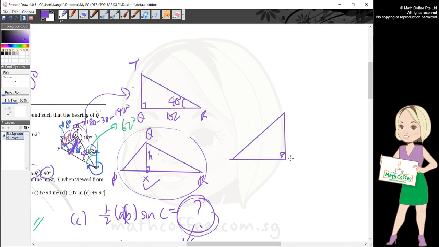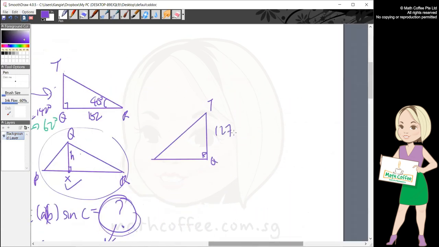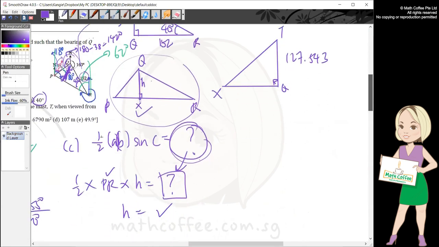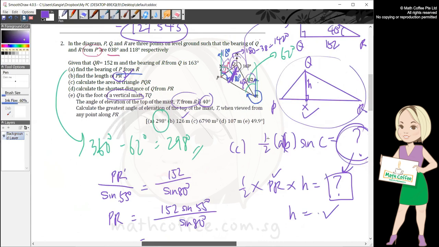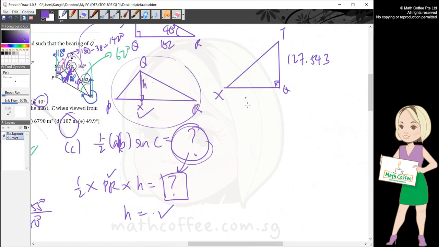This is the Q, this is the T, which we already found, 127.543. And we have this one, QX, which is, okay, I don't have the height here, but over here, this one, 107. And this is the greatest angle of elevation that I ask you to find.